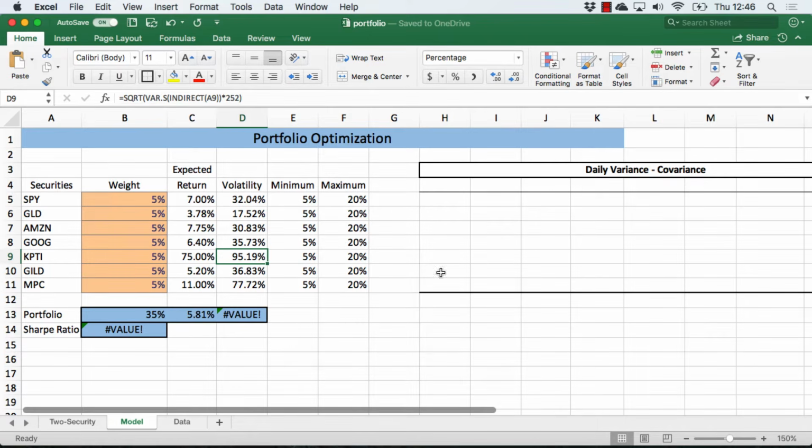Okay, so once again, the trick here is going to be to calculate that volatility. And if you remember on the two security model, we had that big ugly formula that we used to calculate volatility.